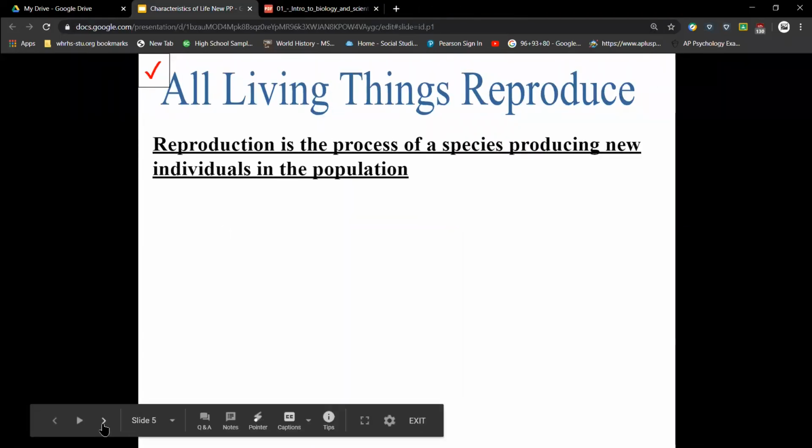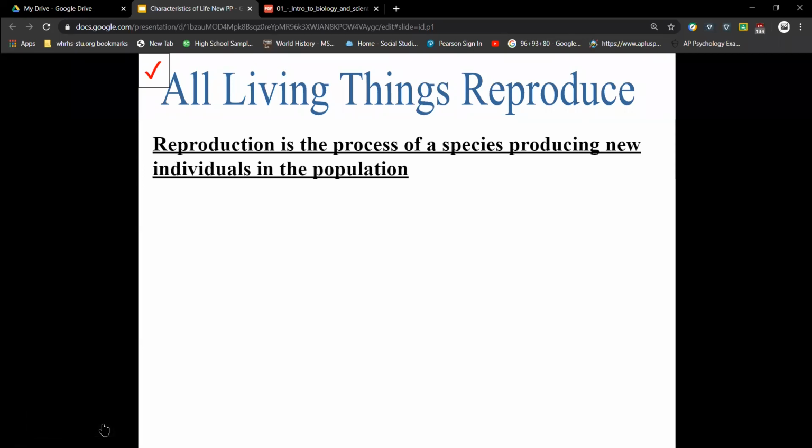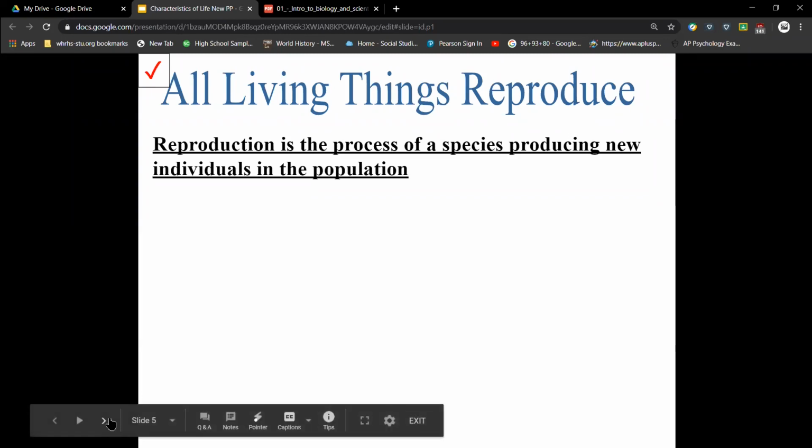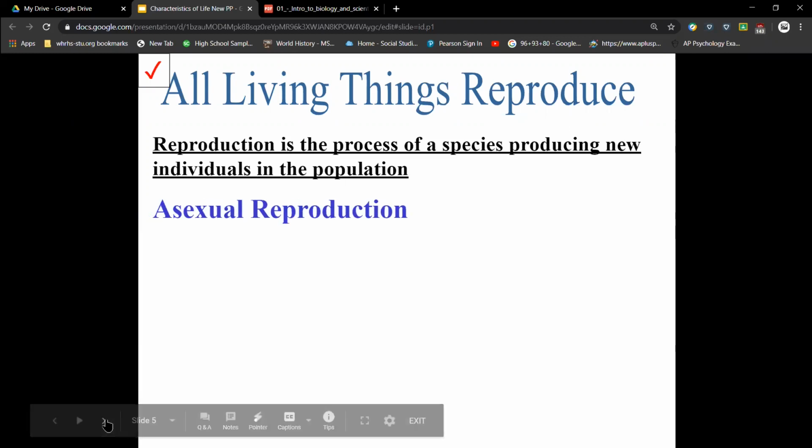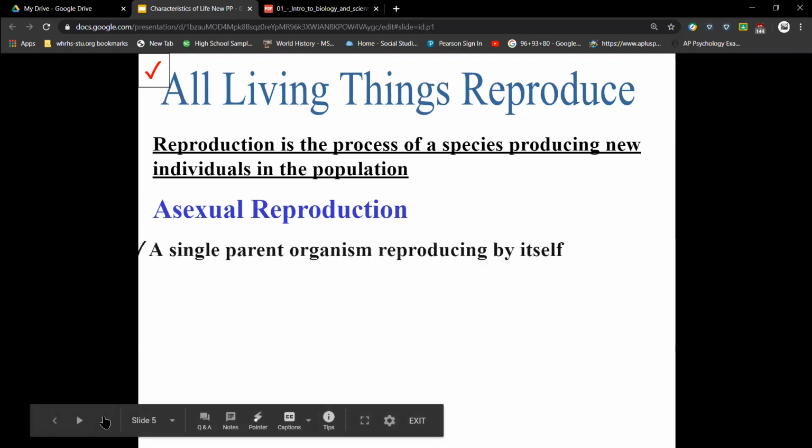Reproduction is the process of a species producing new individuals in the population. This is a really important concept because reproduction is what keeps species alive and what keeps populations alive. There are two different types of reproduction: asexual and sexual. Asexual reproduction is when one organism reproduces by itself.